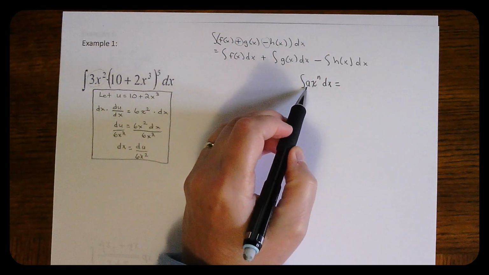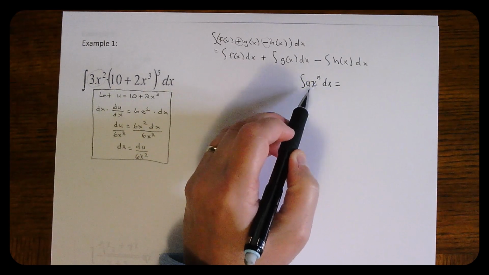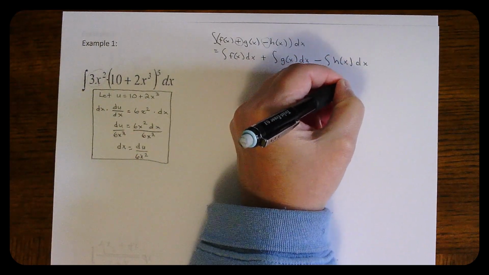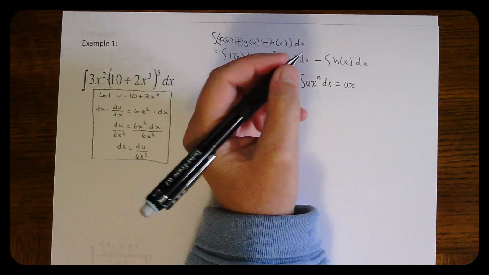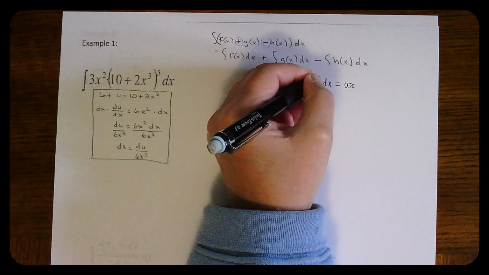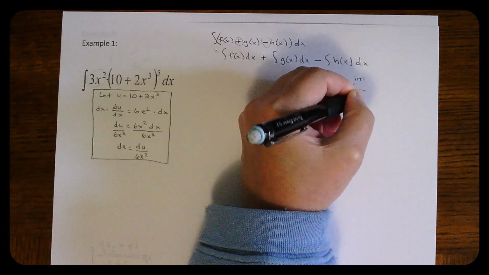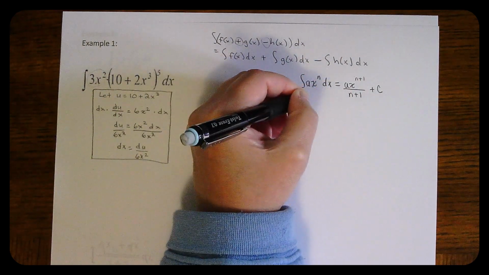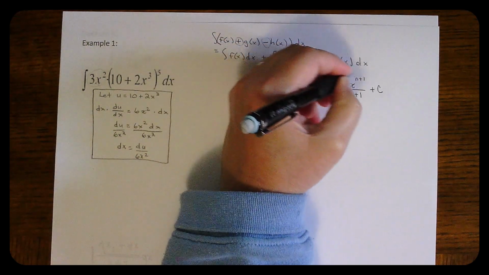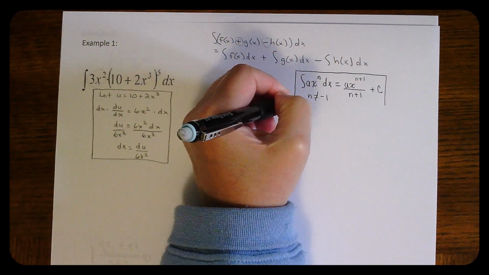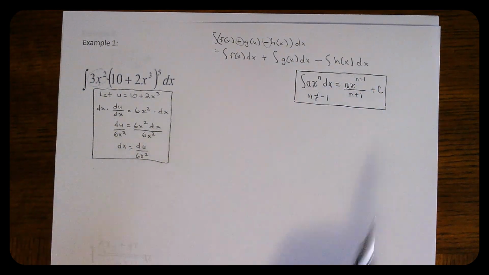If you have a constant times a variable to a power, then to take that antiderivative, I always say that the constant comes on down, and then you can take that x and add 1 and get n plus 1 over n plus 1. And that's the rule when n does not equal -1. So we'll deal with the other one when n does equal -1 in a second, but that's what we're trying to get to.